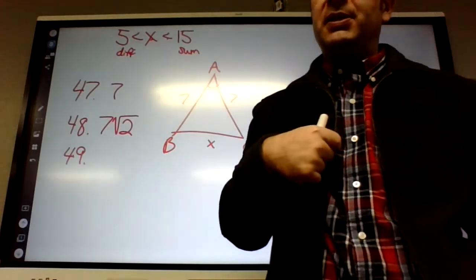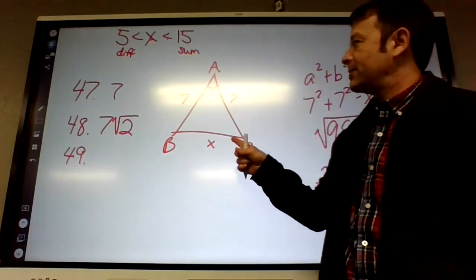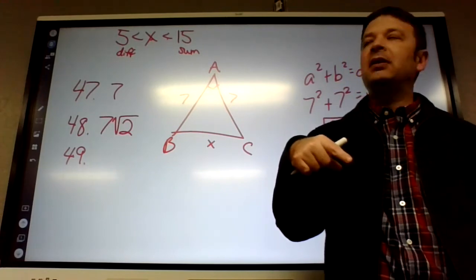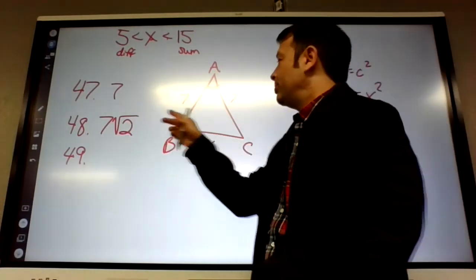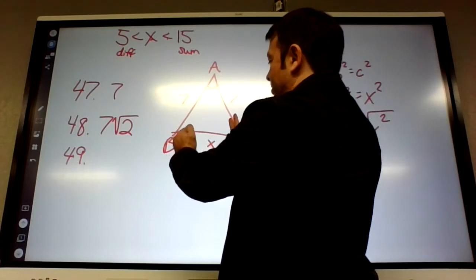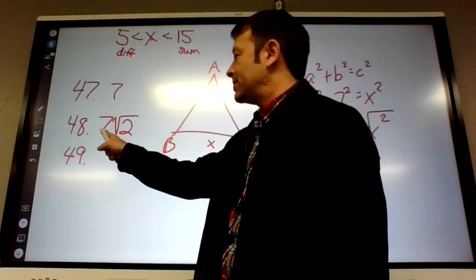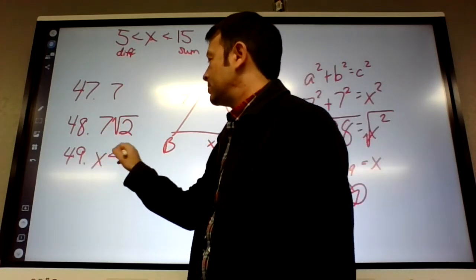So 49 says, what would I need to make x to make sure it's an acute triangle? We would want to close this gap here so this angle would stay small. So we would need it to be less than 7 square root of 2.